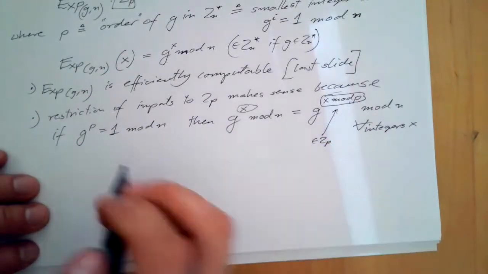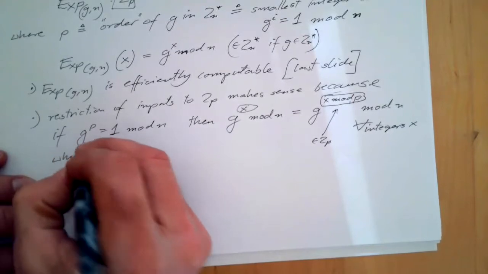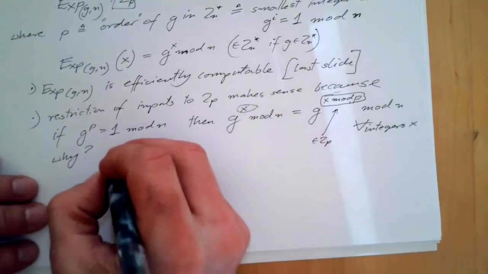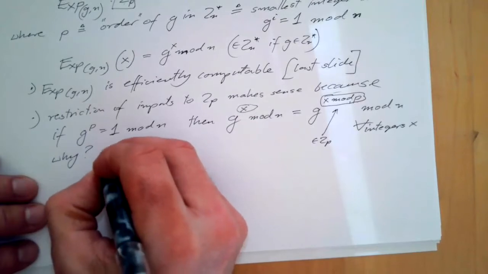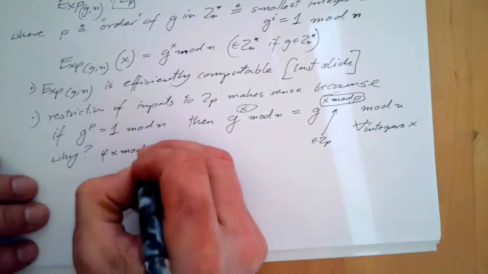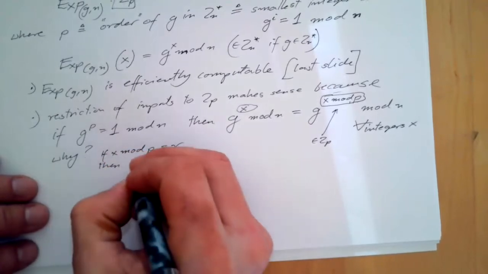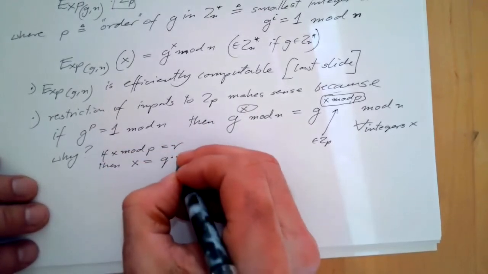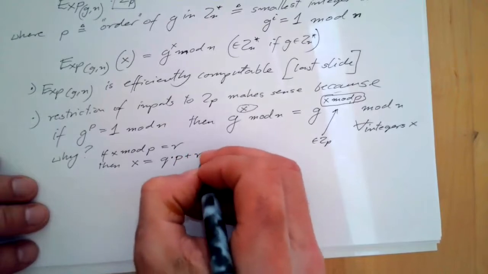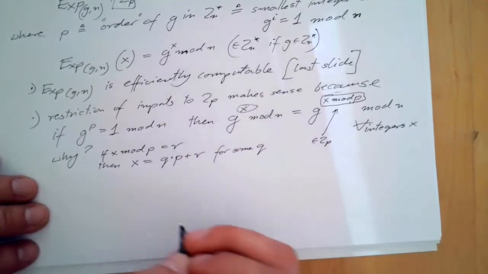Why is that? Okay, so if x mod p is the remainder, then x is quotient times p plus the remainder, for some q.